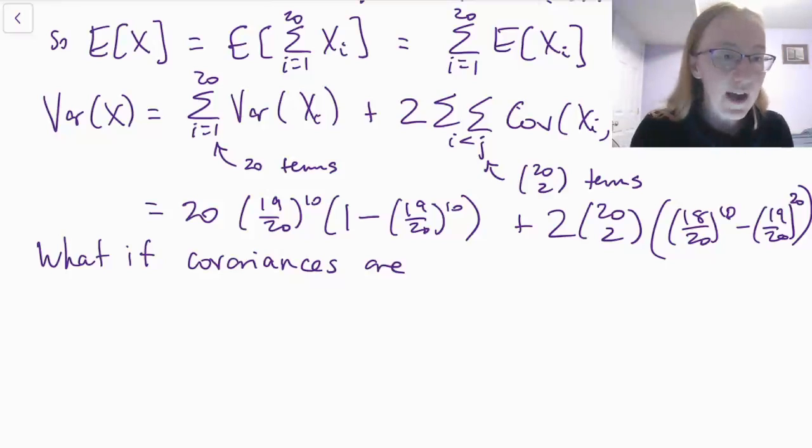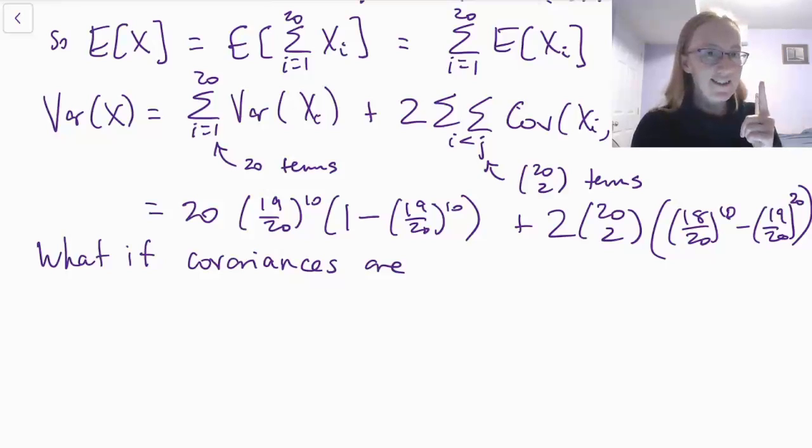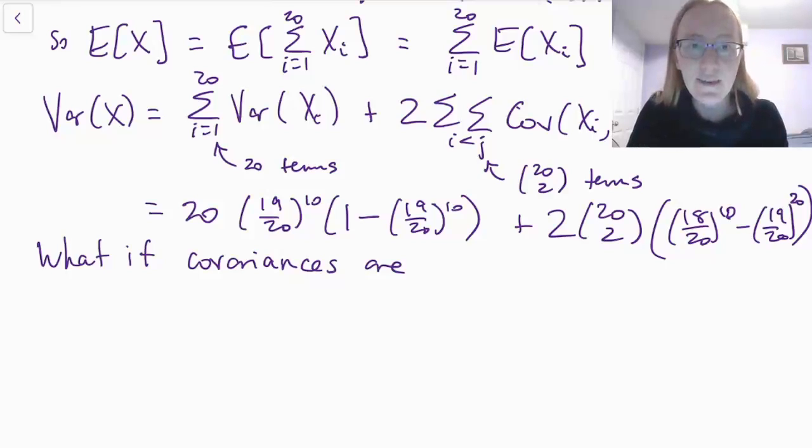Oh, someone asked, why do we raise it to the 10 again? Because we buy 10 cards, right? If we only bought one card, we wouldn't need to do that. But we're buying 10 cards. Each time we buy a card, we buy cards independently, so each time it's independently equally likely to be one of the 20 types.